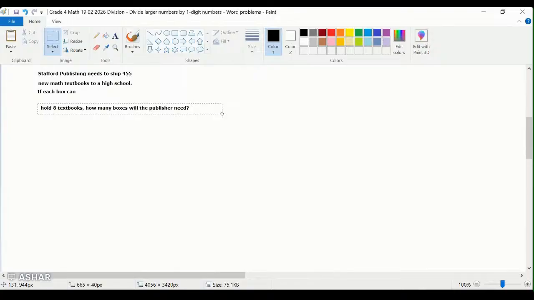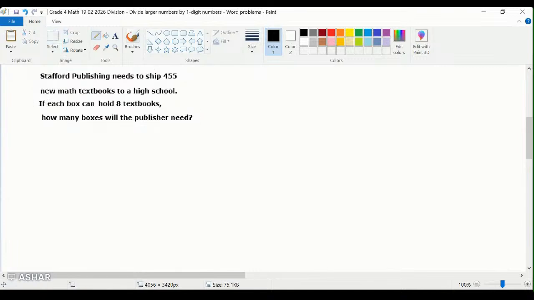If this is the number of books each box can hold, how many boxes would the publisher need? Okay, this is our question number 6. It says Stafford Publishing needs to ship 455 new math textbooks to a high school. They need to send 455 books.